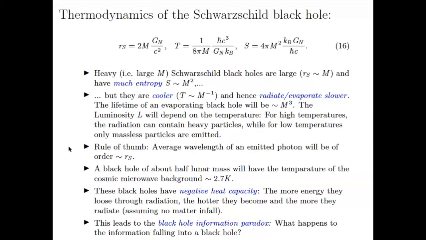There's actually a very nice rule of thumb that I came across. The average wavelength of an emitted photon or particle will be of the order of the size of the black hole.